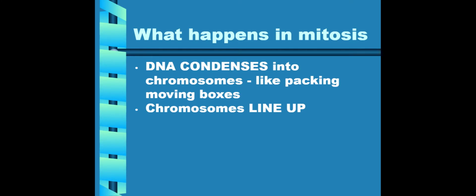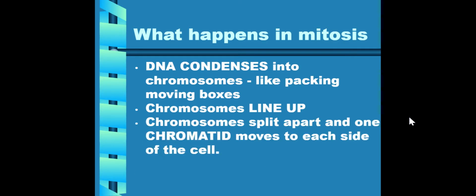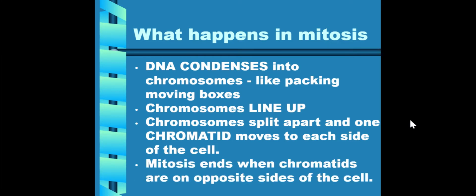Then the chromosomes line up in the center of the cell. The next step, the chromosomes split apart, and one chromatid moves to each side of the cell. Remember, each chromatid is an exact copy of each other. So it's going to get pulled, one copy to each side of the cell. And then mitosis ends when the chromosomes are on the opposite side of the cell.